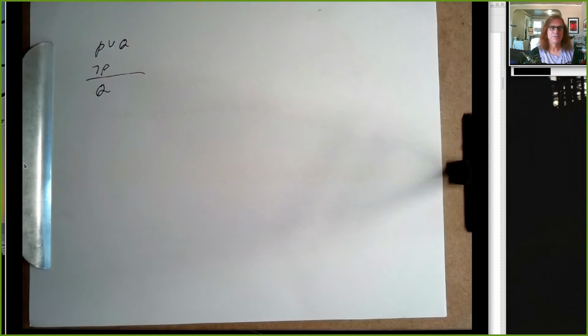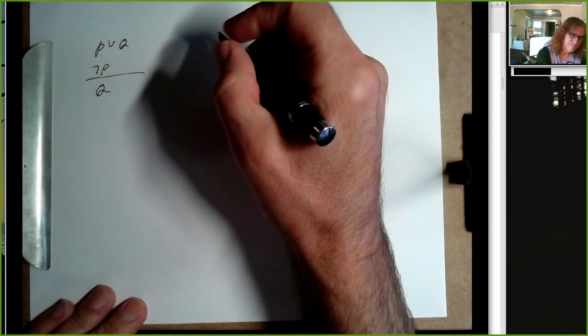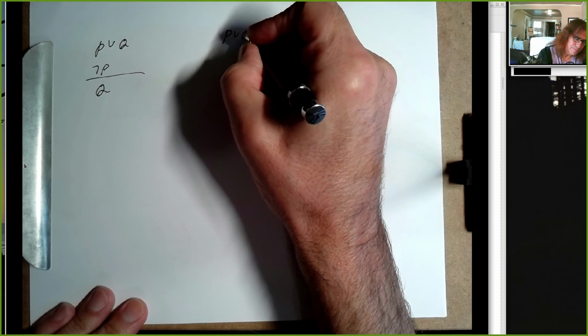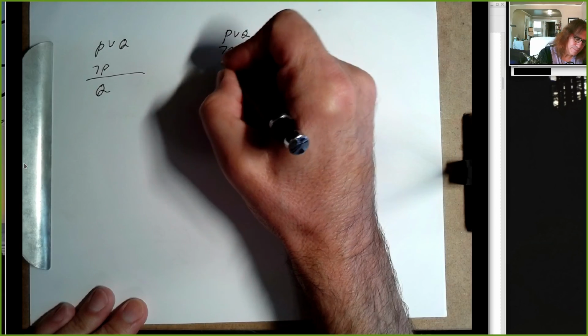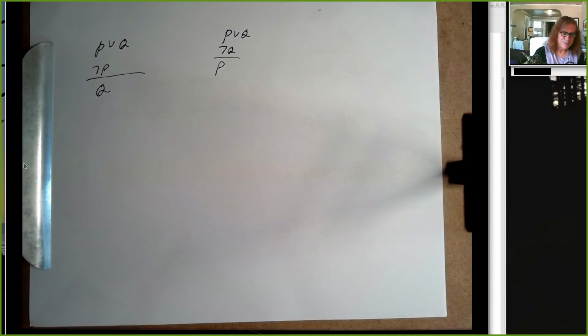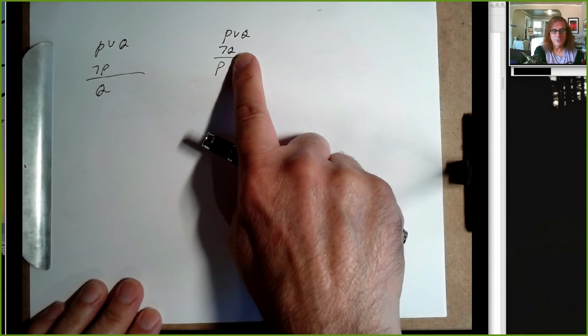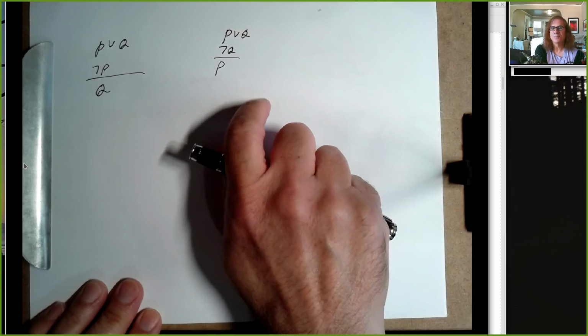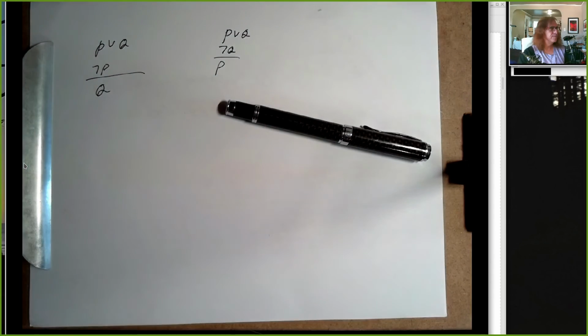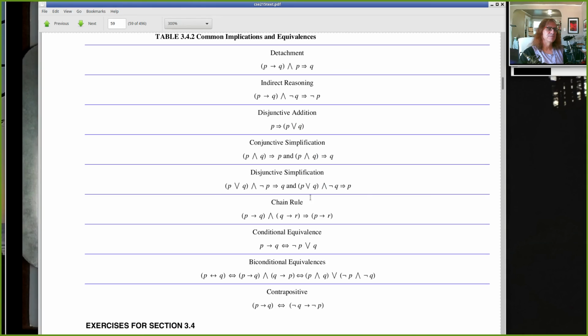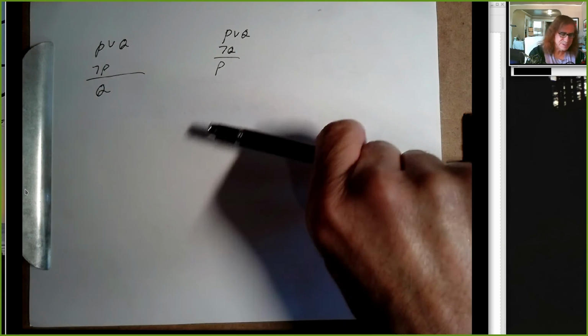That's Q. And similarly, if we're told P or Q is true, but that Q is false, then P must be true. So that's another simplification.